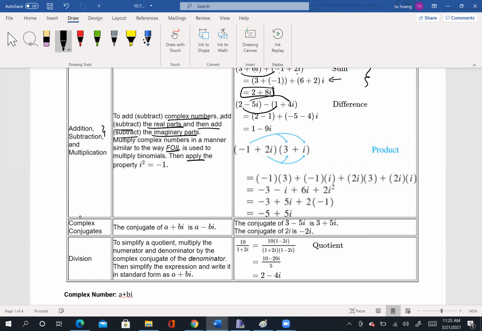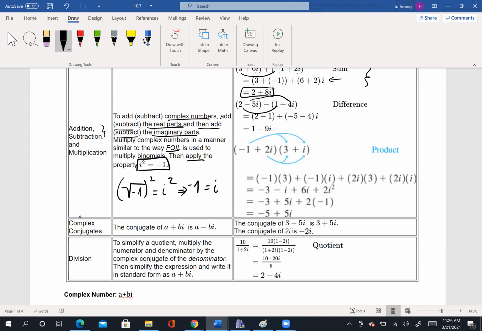Then apply the property that i squared is equal to negative 1. You guys should notice that the square root of negative 1 is equal to i, right? So when you square both sides, you will have negative 1 equal to i squared. That is the reason why I have i squared equal to negative 1.